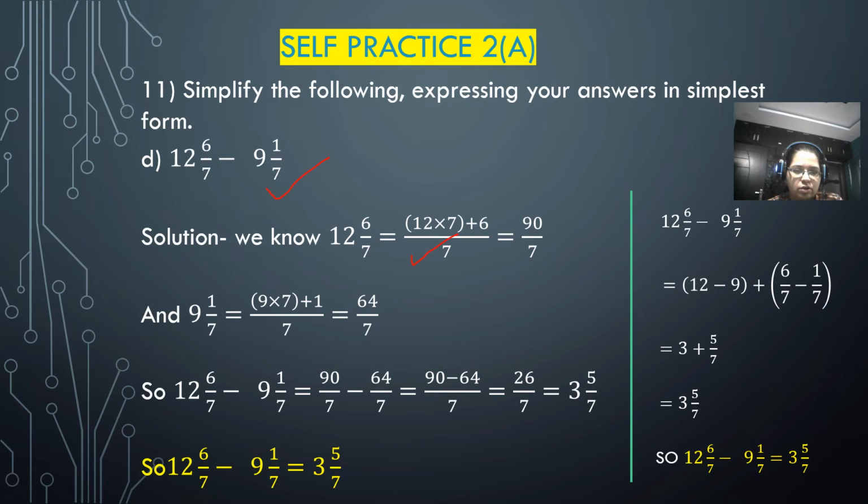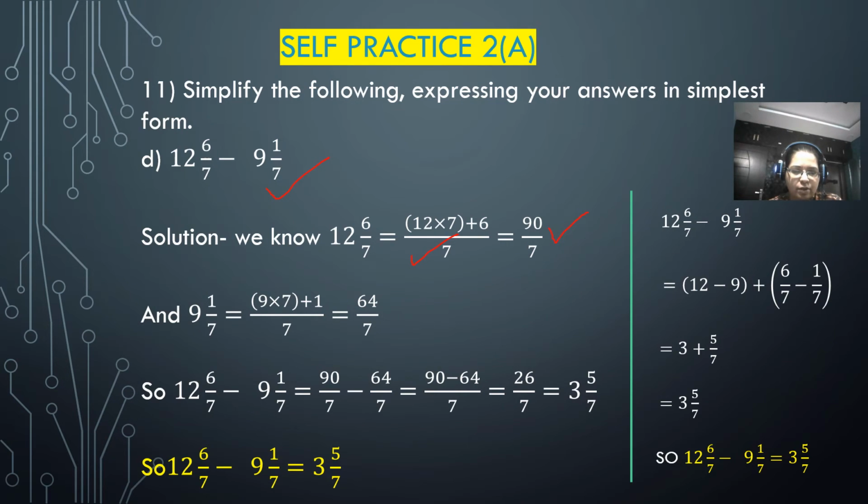So here 12 6/7: multiply the denominator 7 with the whole, that is 12. 12 multiplied by 7 is 84. Add the numerator, that is 6. 84 plus 6 is 90, and the denominator is 7.